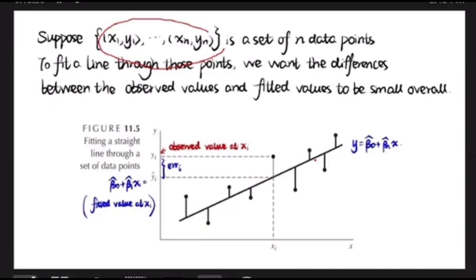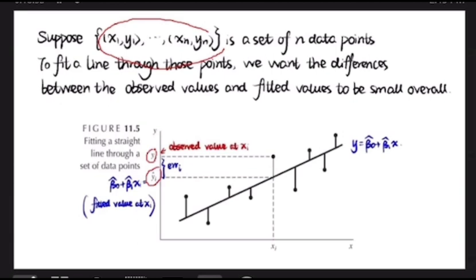If the points are far away from the line, that shows a weak relationship, but we normally want a situation where the points are very close to the straight line. I need you to take a look at this one. I have a y cap and I have a y. There's a difference between a y cap and a y.